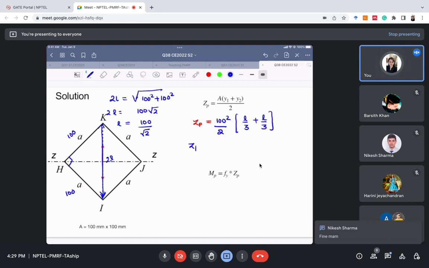Now ZP is 100 square by 2, into L by 3, that is 100 divided by root 2 into 3, plus 100 divided by the same. Would anyone like to calculate this for me? What is the value of ZP we are getting here?